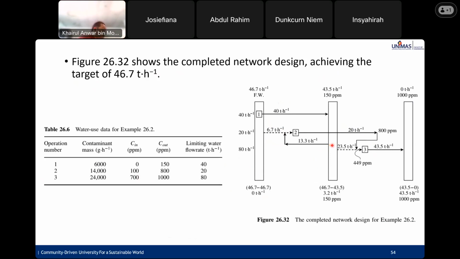Water used from the second main is 13.3 to satisfy this, which will become 20. And here it's 46.7. How about this part? This part is 20. 3.5 from the first main. This one needs to be calculated.